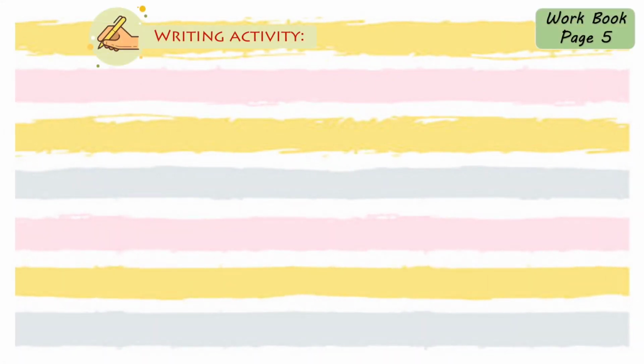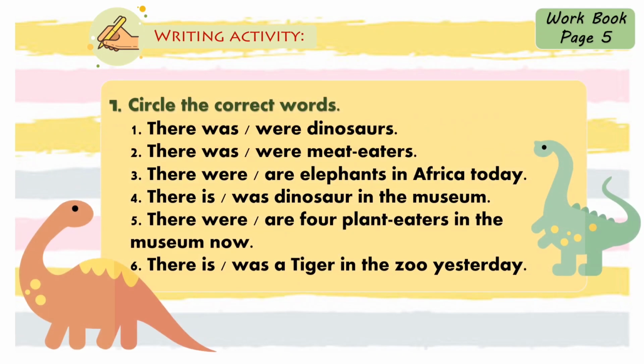Alright, so for your writing activity, I want you to open your workbook on page 5. So this activity is just the same with the one in your workbook. So you can just pause this video so that you'll have more time to answer in your book. We have here part 1, circle the correct words. Was, were, or is, was, are, and were.